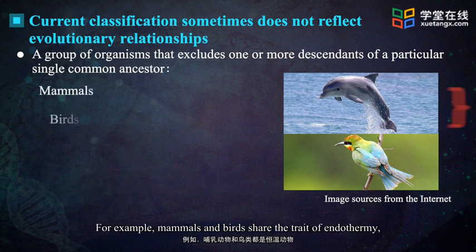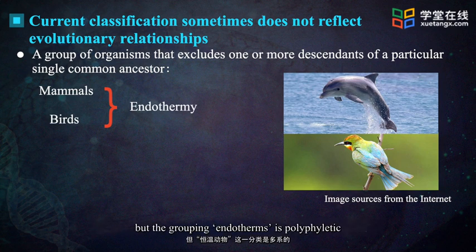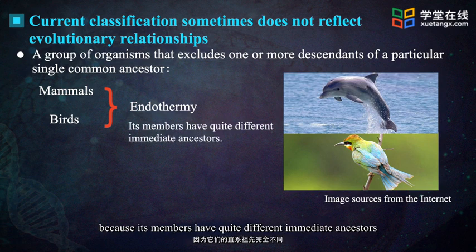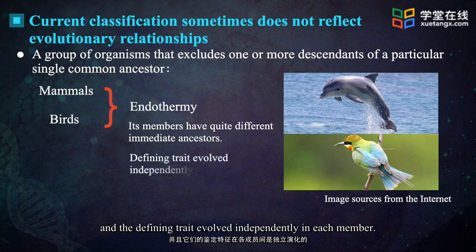For example, mammals and birds share the trait of endothermy, but the grouping endotherms is polyphyletic because its members have quite different immediate ancestors, and the defining trait evolved independently in each member.